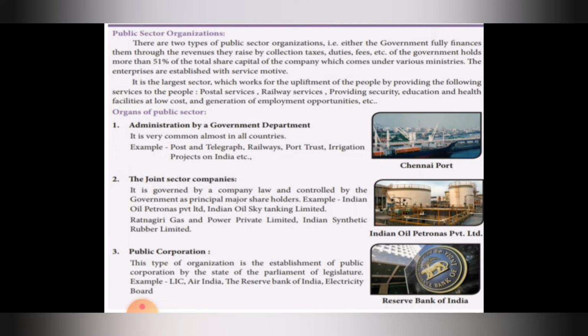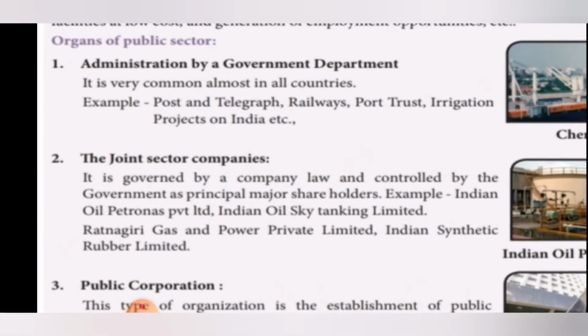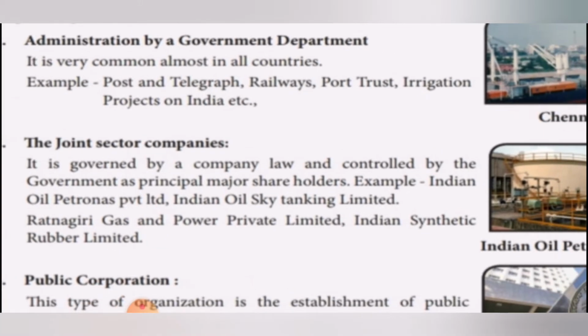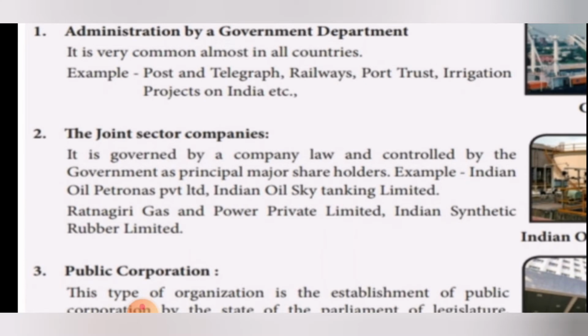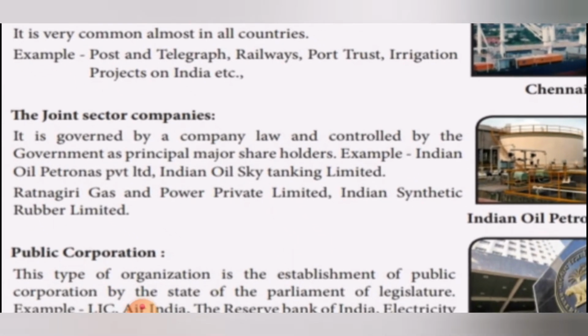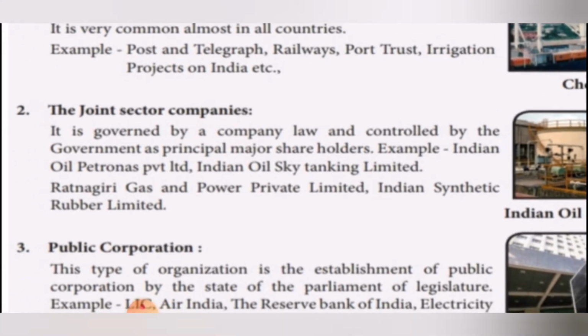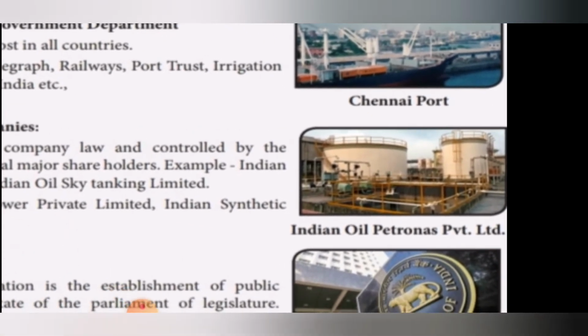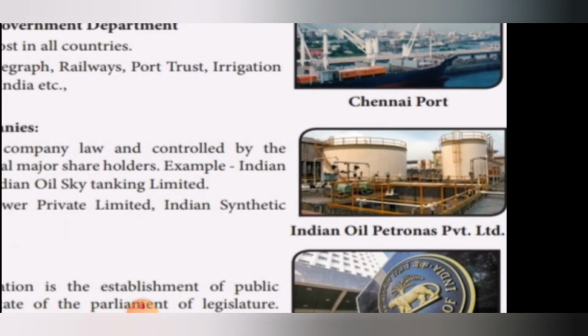What are the examples for it? Indian Oil Petronas Private Limited, Indian Oil Sky Tanking Limited, Ratnagiri Gas and Power Private Limited, and Indian Synthetic Rubber Limited. Here they have given the picture of Indian Oil Petronas Private Limited.